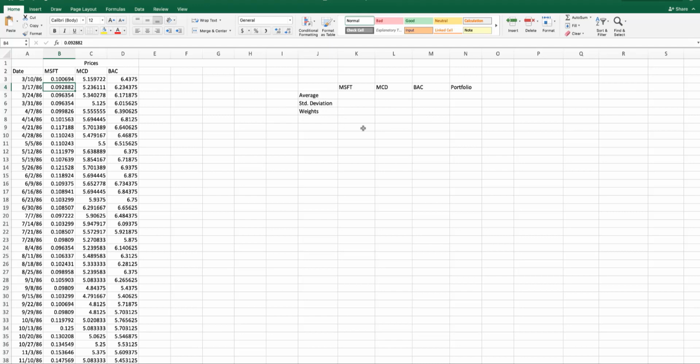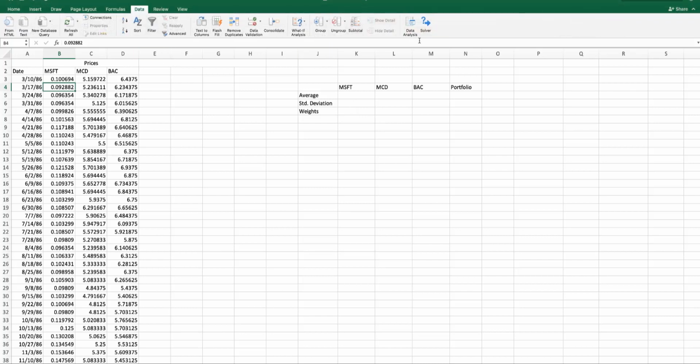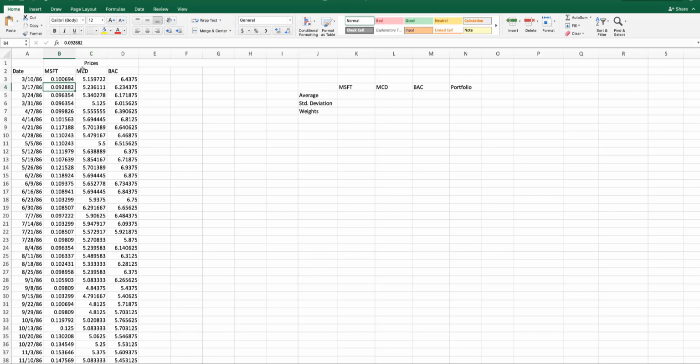I'll show you how to use sum product in this exercise, how to find these statistical functions, average, standard deviation, how to use data analysis and solver in Excel. So this is a neat application because you can apply all the things that you're learning this week.